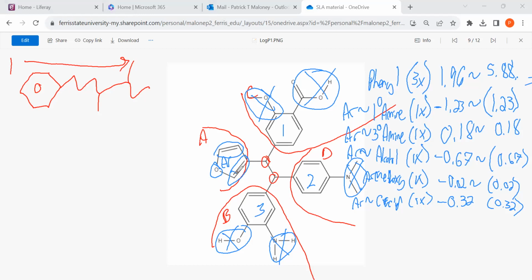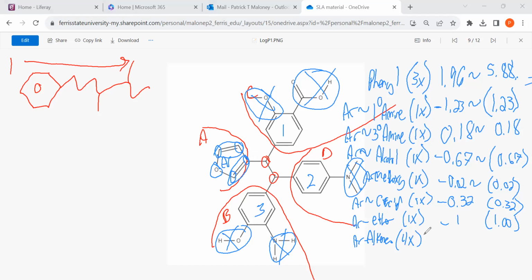And remember, alkenes are counted by the individual carbons. So first up, aromatic ether times 1. That is simply negative 1.00 subtract. And then we've got aromatic alkene, 4 times, because we've got 4 carbons.